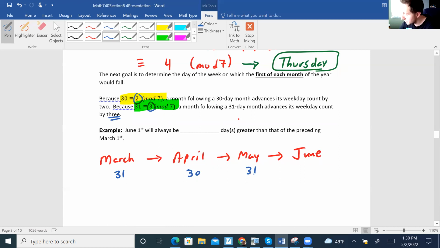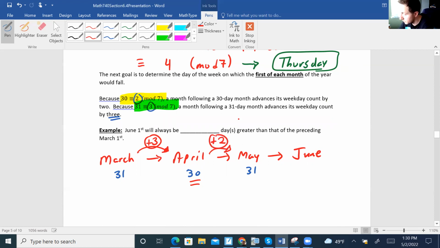So if I want to know how many days gap there is between March 1st and June 1st, since March was a 31-day month, April 1st is always going to differ by 3 days past whatever March 1st was. So if March 1st was on a Thursday, April 1st would fall on a Sunday, 3 days past. Since April has 30 days to get to May, I would only add on 2 additional days.